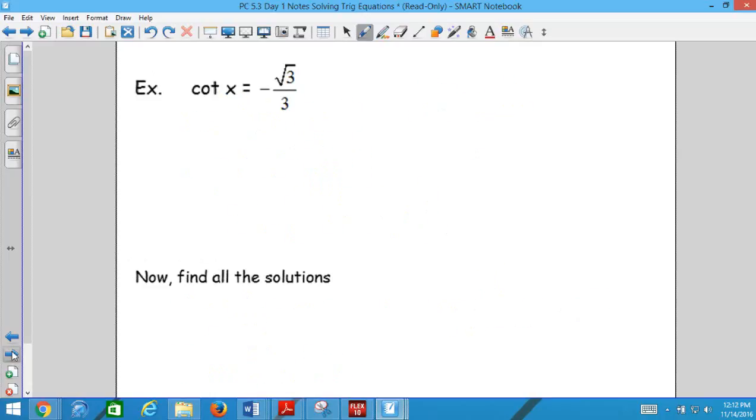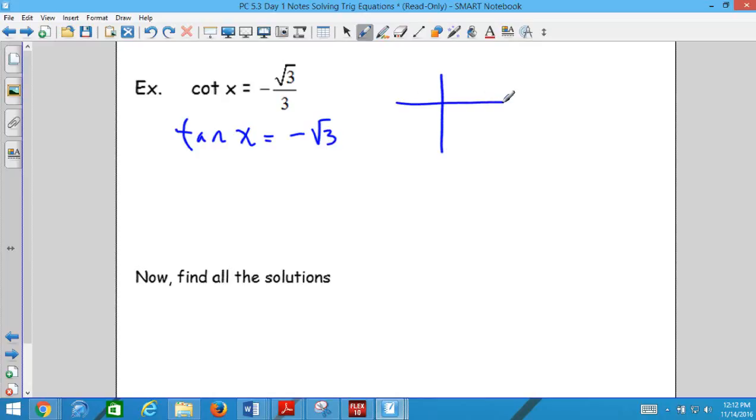Okay. All right, and then third one, cotangent. I don't have cotangent memorized, so I change it to tangent. And I reciprocate that, so I get negative square root of 3. So where is tangent negative, and where is tangent square root of 3?